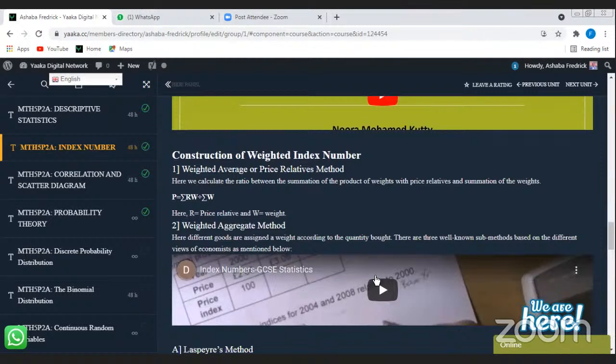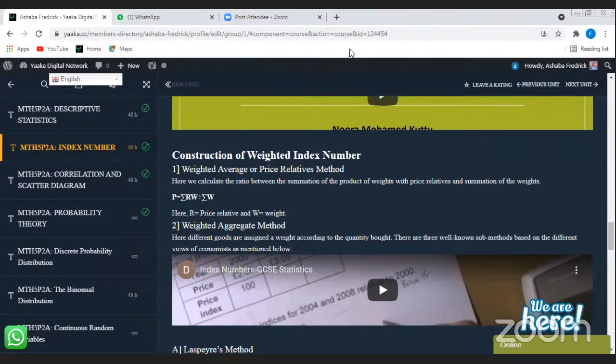Then we have construction of weighted index numbers. So in most cases, what happens is that some of us attach relative importance to many of those commodities we buy. So this is now where the weights come in, that some items are given more value compared to others.